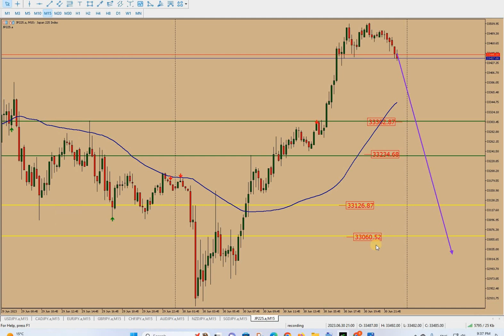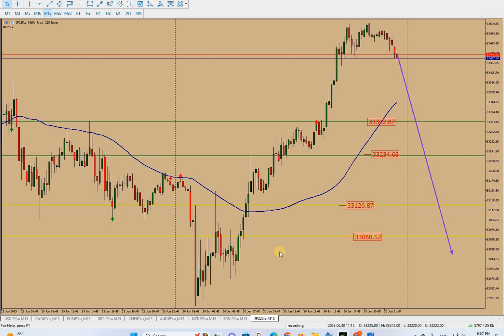When the index is heading down for Japan, and if you want to trade a Japanese pair currency, like Euro Japan, Pound Japan, CHF Japan, any pair which is related to Japan, you should look at the index first and find out where the index is heading.